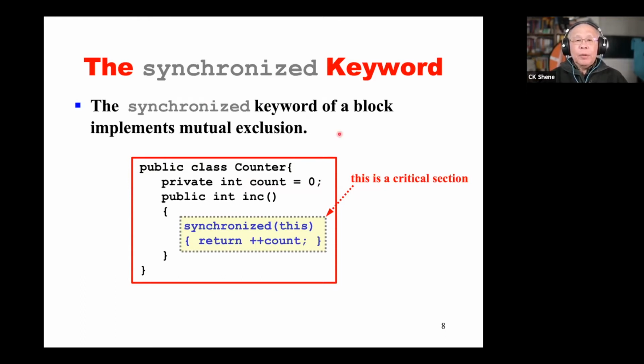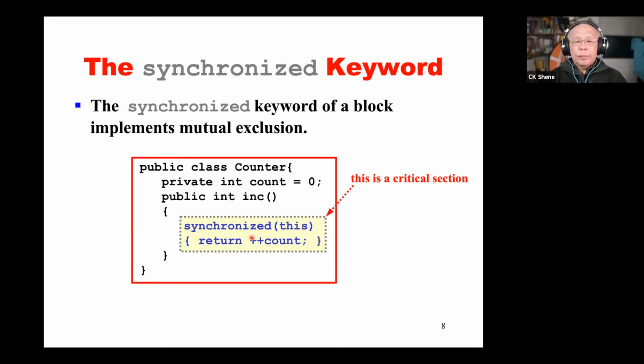The first thing is the synchronized keyword. The synchronized keyword is actually an implementation of mutual exclusion so that a critical section can be implemented properly.